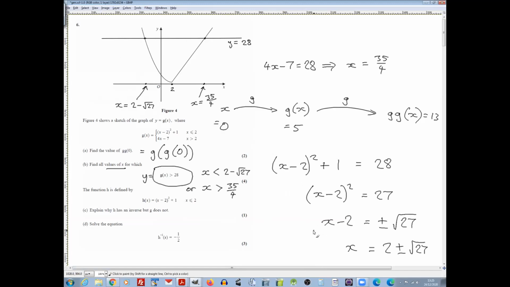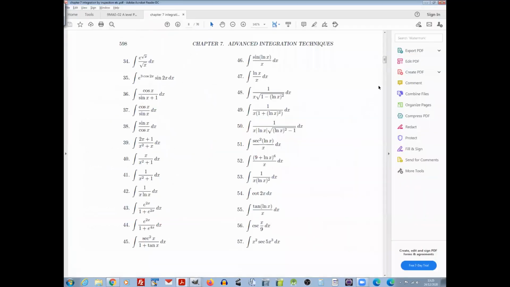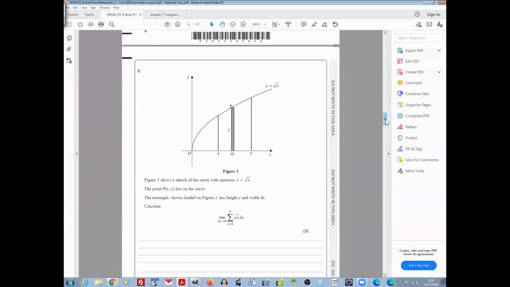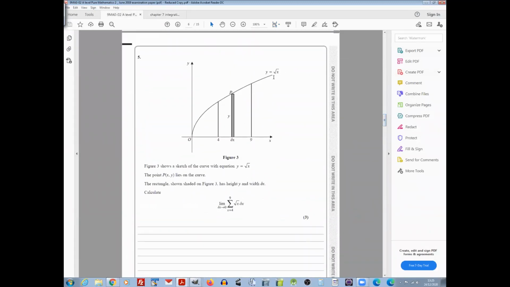Exactly. Yes. In fact, we found that recently. We were discussing how the reason they had to cut off half of this parabola was so that it was a function. That y equals x squared is a many to one function.